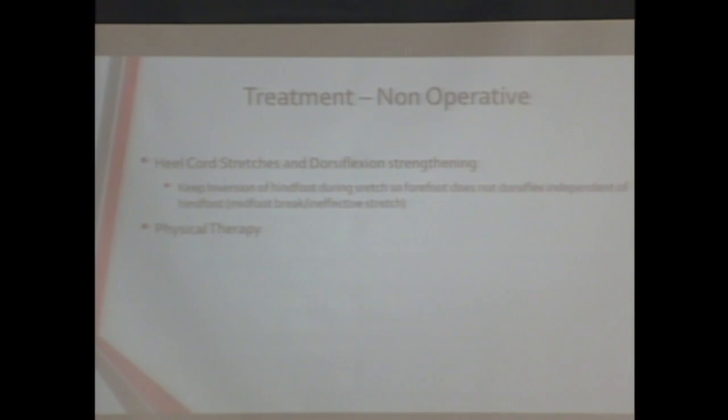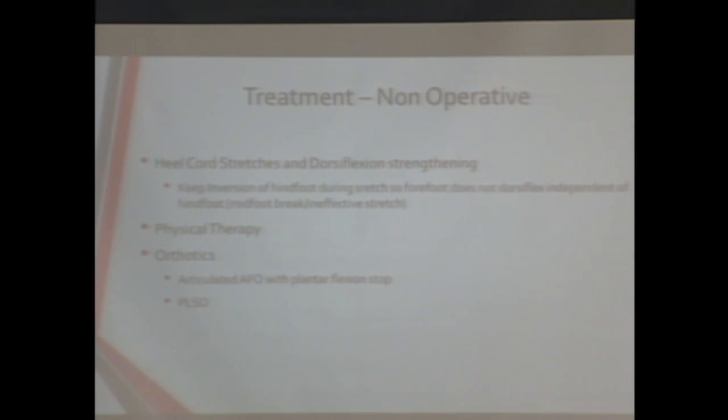Again, I usually start with home stretching and verbal cues, and then if that's not getting you quite where you want to be, I usually add physical therapy, and then plus or minus bracing or orthotics for stretching at nighttime.